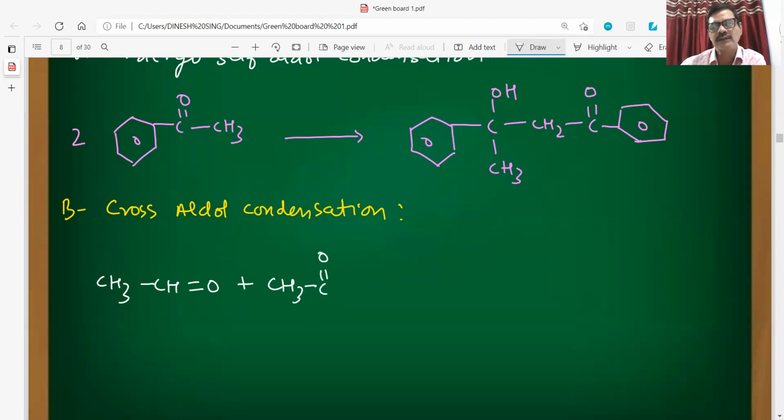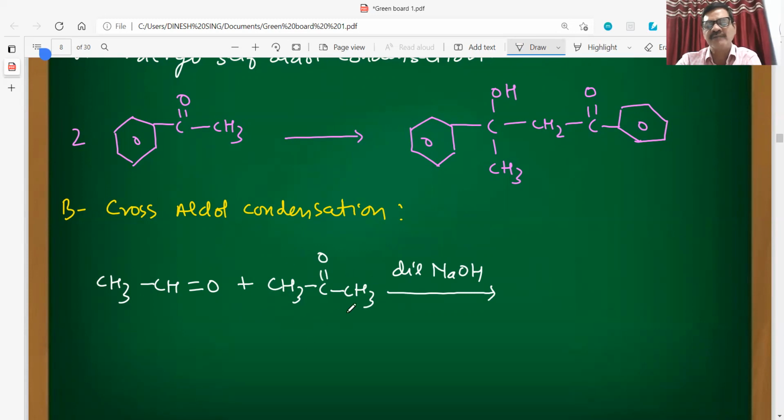So this is CH3CHO and CH3COCH3 on treatment with dilute alkali, NaOH or KOH. In such cases we will get four different products. One will be the self product due to this, and one will be self due to this, and one will be carbanion of this and substrate of this, a cross aldol product, and carbanion of this and substrate of this, another cross aldol product.